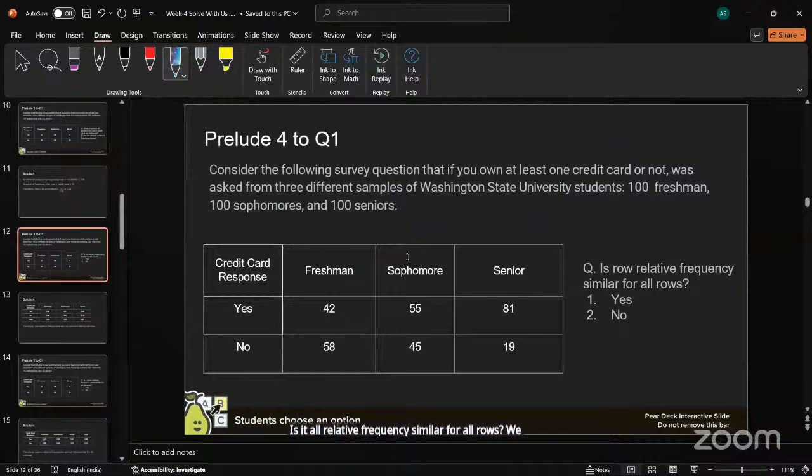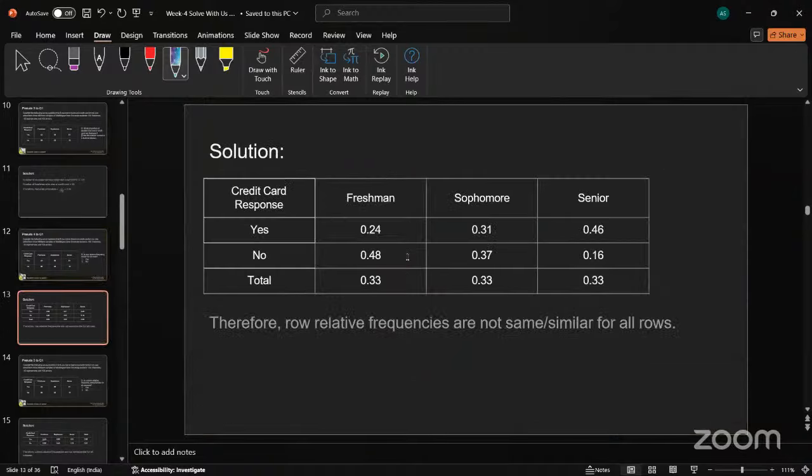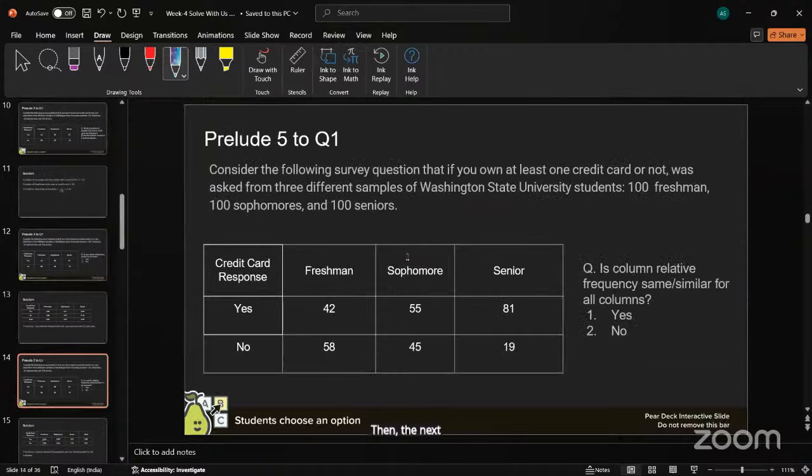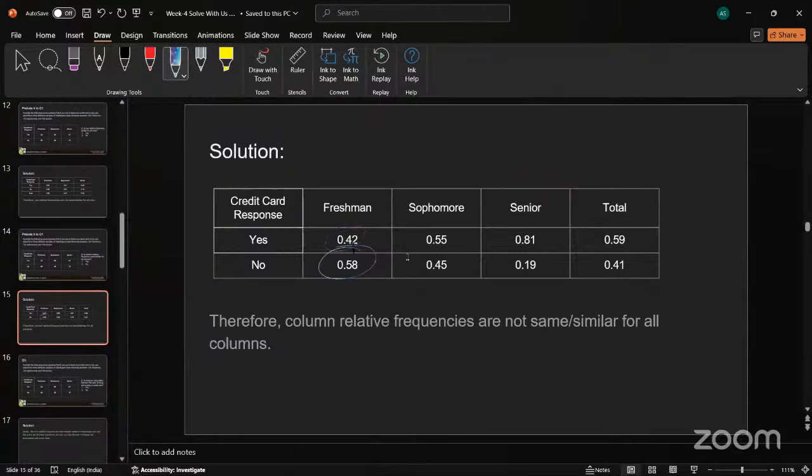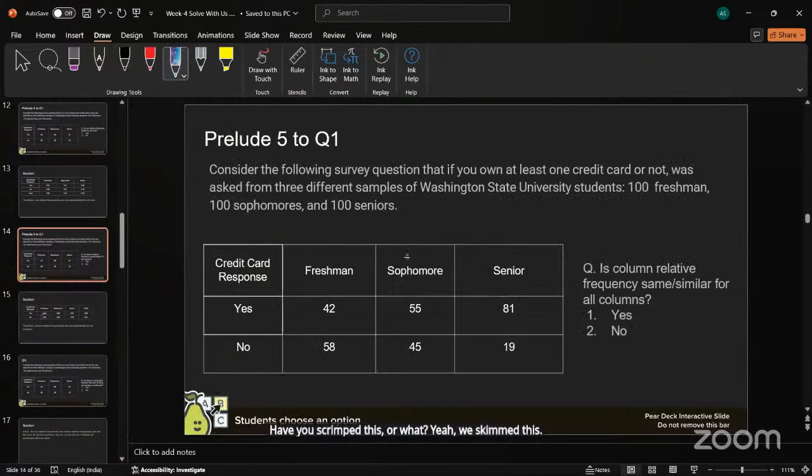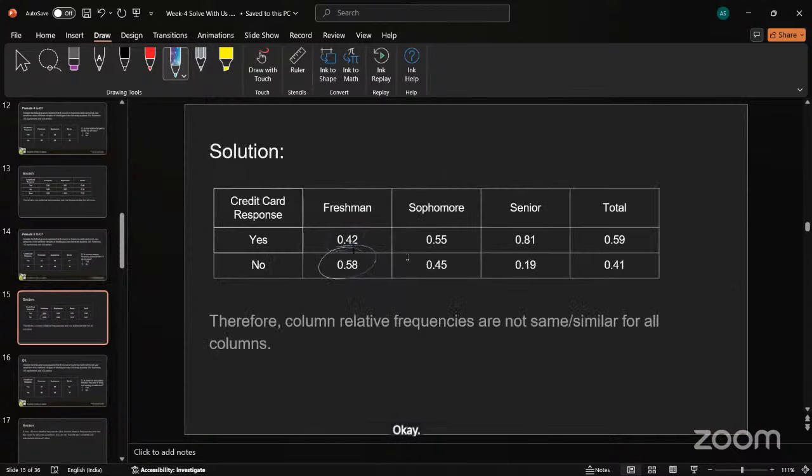We answered this, right? It is not similar. Then the next is, is the column relative frequency similar for all columns? We skipped this. Yes, we skipped that and go to the question about years.